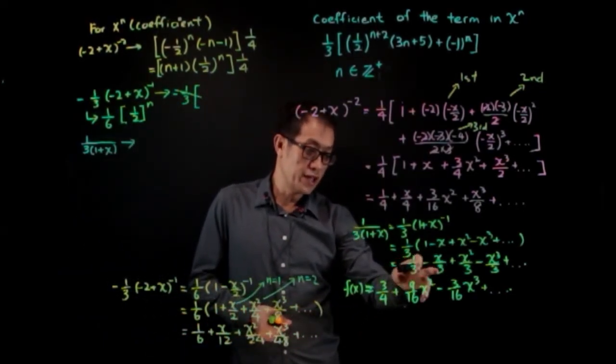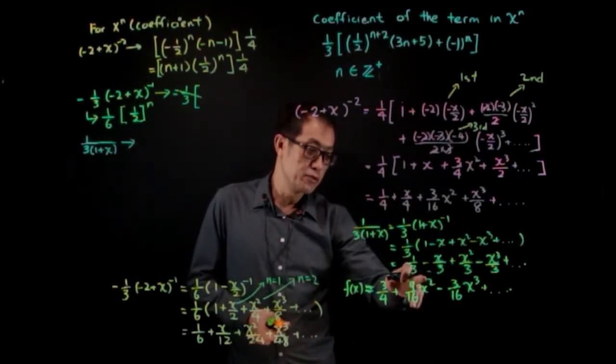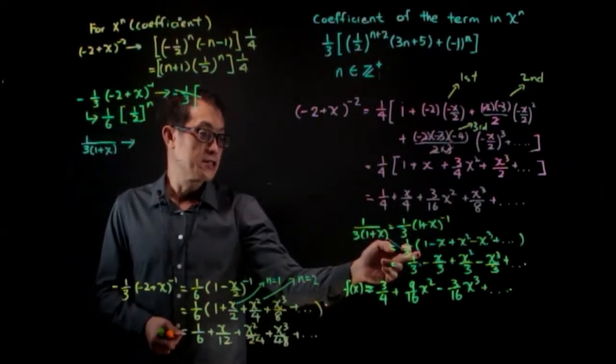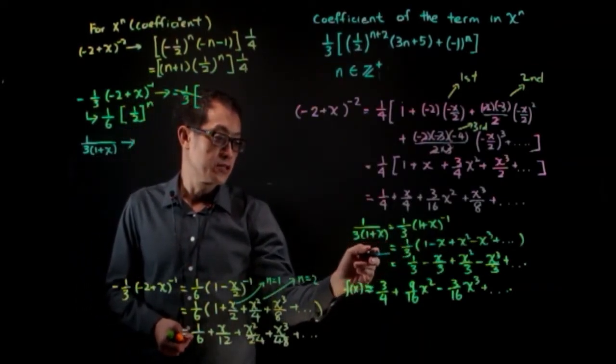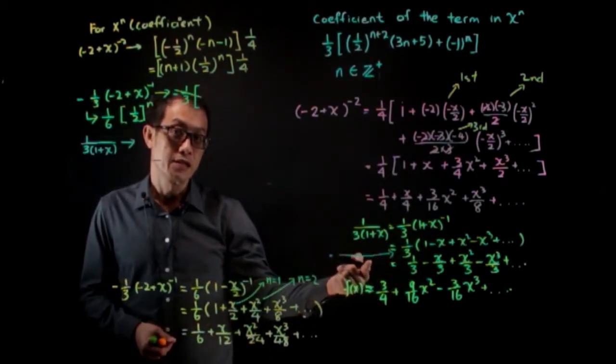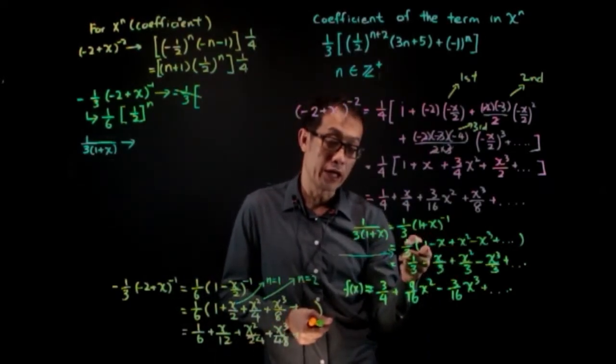Now, you find that the 1/3 doesn't change. Every term you multiply by a third. I think this part is easier. Let's concentrate on this part rather than this. We derive the expression in terms of n by looking at this.